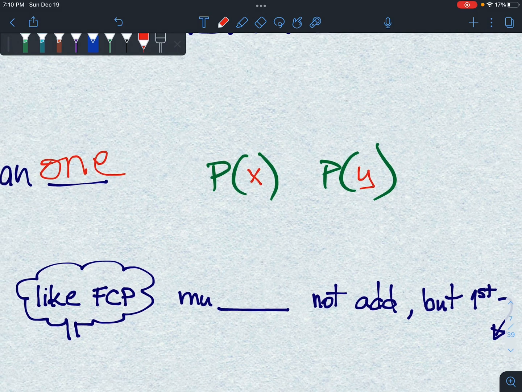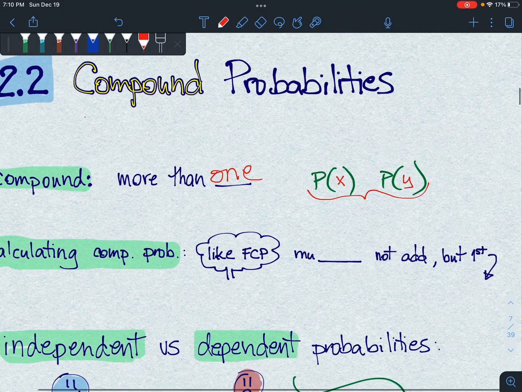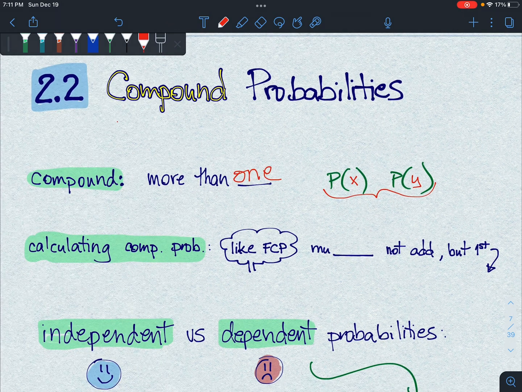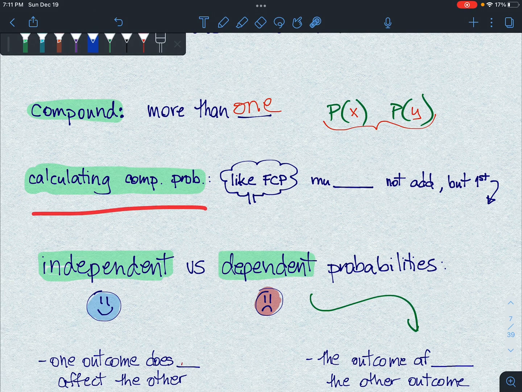And how do we find the probability of both of them happening? Now, there might be 3 or 4 or 5 events, who knows, but it definitely will always be more than one in each of your homework problems. How do we calculate these compound probabilities, you ask? Well, very carefully.